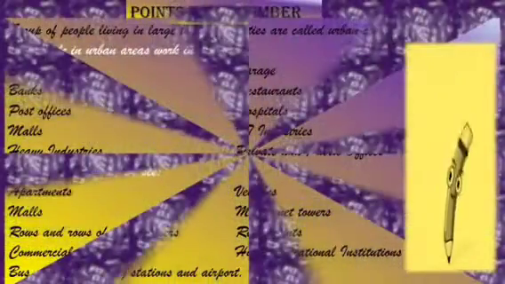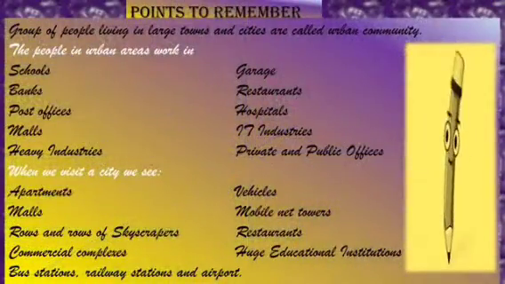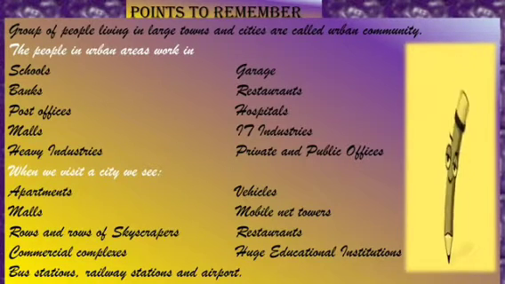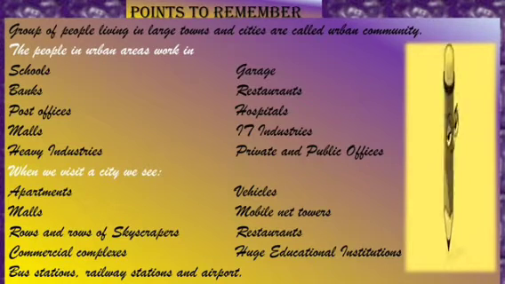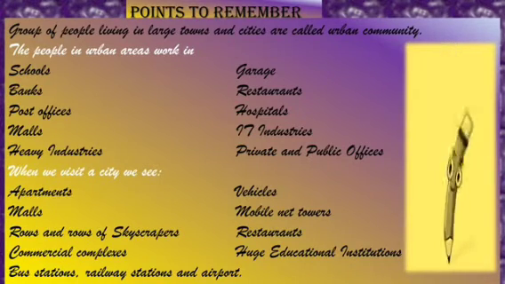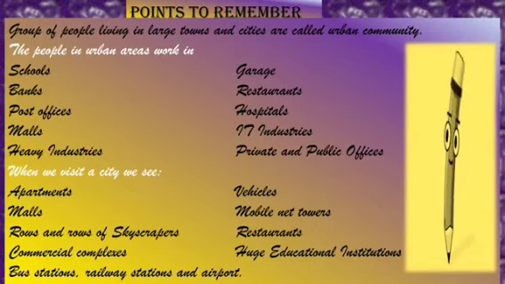Here are some points to remember, children. Please take out your classwork and write them. A group of people living in large towns and cities are called urban community. The people in urban areas work in schools, banks, post offices, malls, heavy industries, garages, restaurants, hospitals, IT industries, private and public offices.